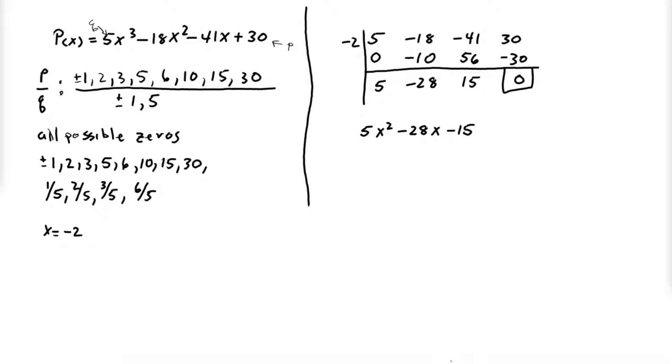Now you could try to find another rational zero on the calculator and do this again, but since this is a quadratic, I'm just going to use the quadratic formula.